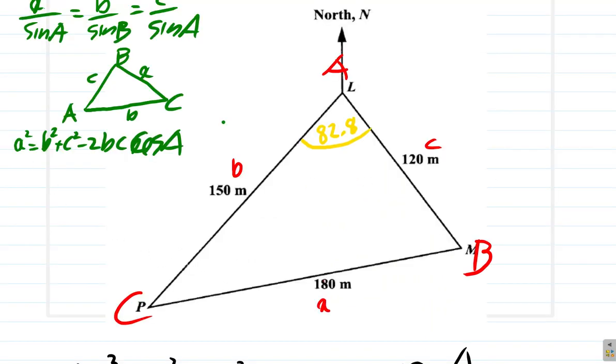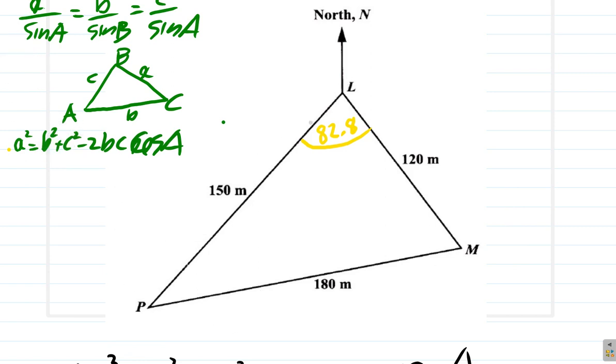So let's see here. What that means is that from L, the bearing of P from L means you have a straight line between L and P. Oh, by the way, before we do that, let's get rid of the A, B, and C's.